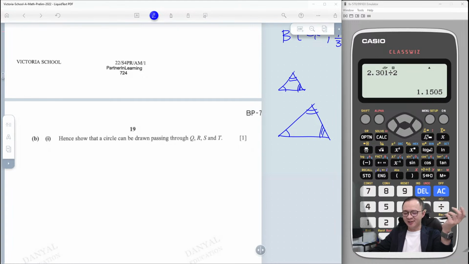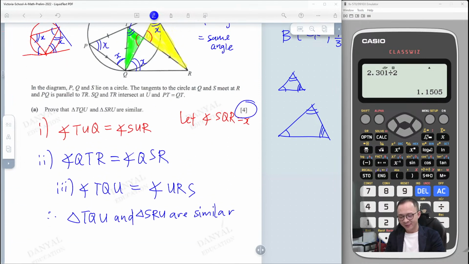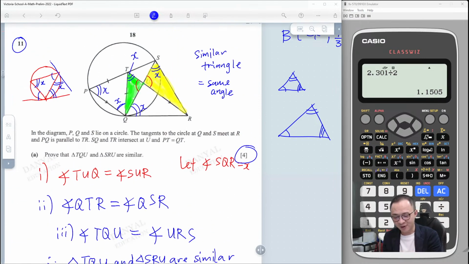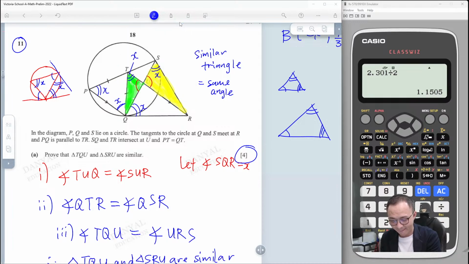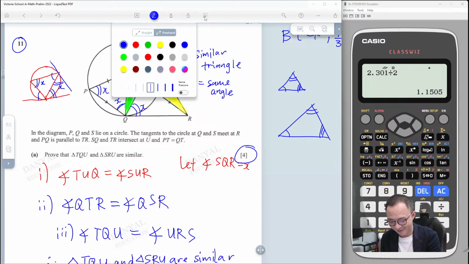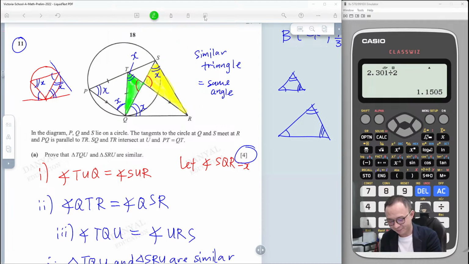Okay, hence show the circle can be drawn passing through QRST. Can this app draw the circle or not? This app is very basic only. I don't think it can draw the circle. Okay, I'm going to draw the circle myself.